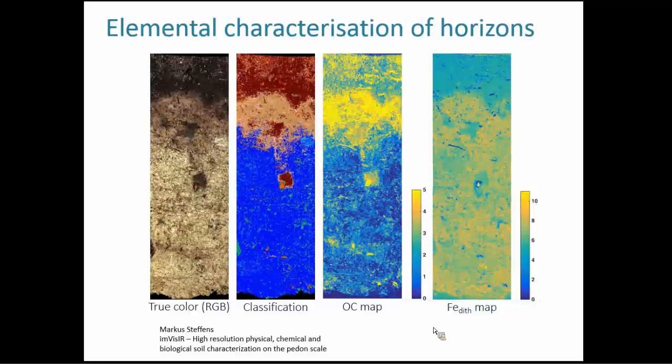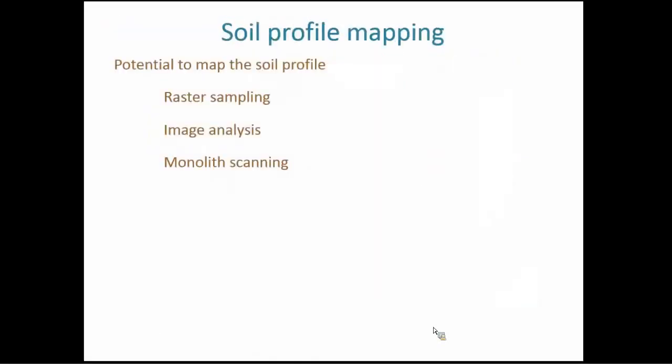So this is the true color, and then they had a classification. They had a carbon map and some sort of an iron form map that they used for obtaining the horizons. So I think there is some potential to map this soil profile.